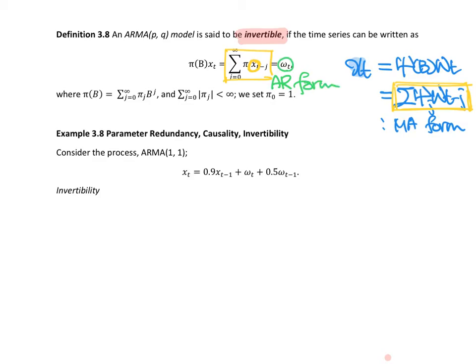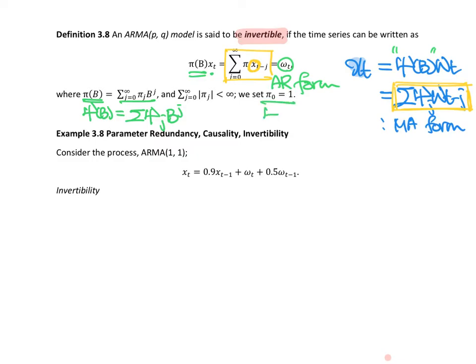So here is only the white noise. Because of that, we are going to multiply by pi B, which is another operator. It's similar to the big phi B. We multiply the pi B onto the Xt. Similar to phi B, which was the infinite summation of big phi j and B^j, here is the pi B. Look at this one, it's a similar one.